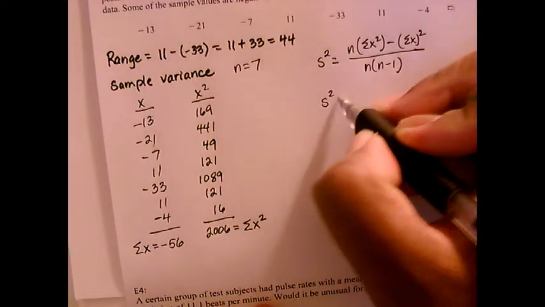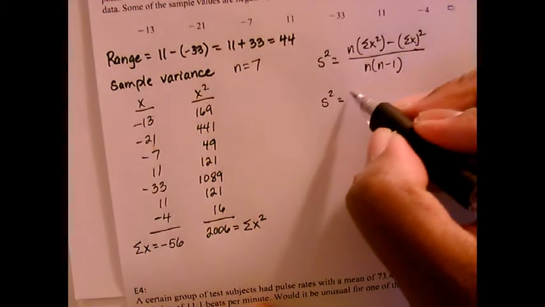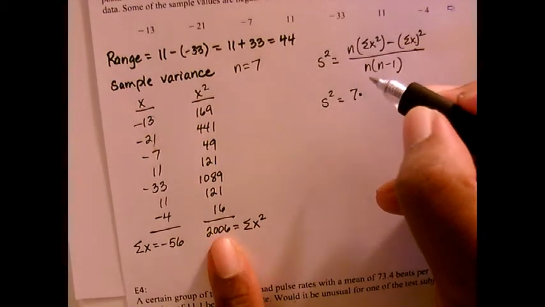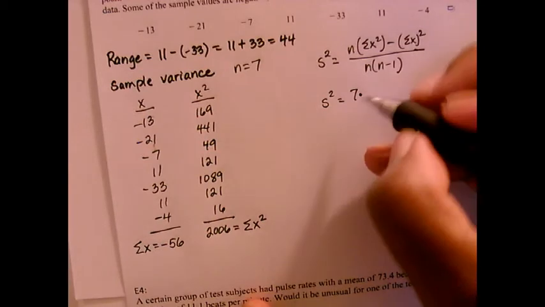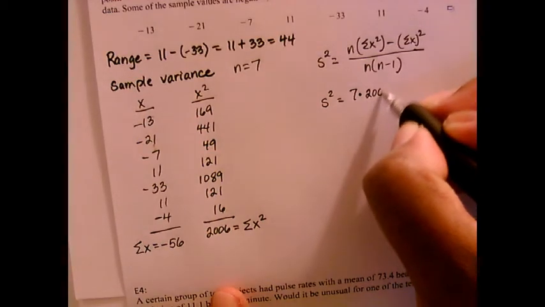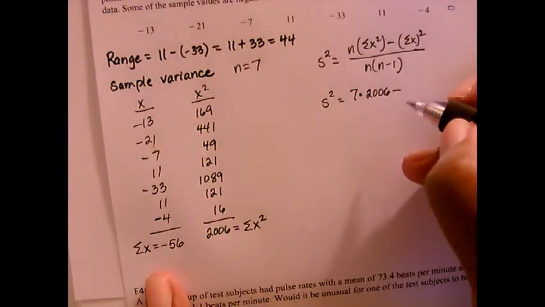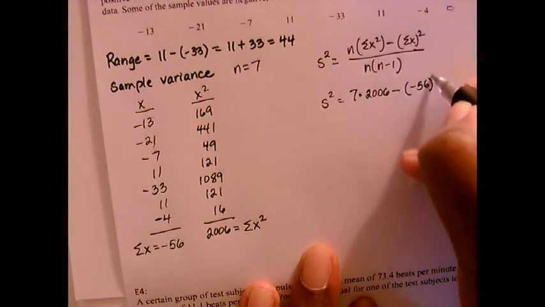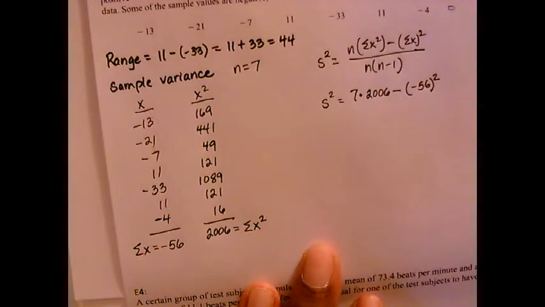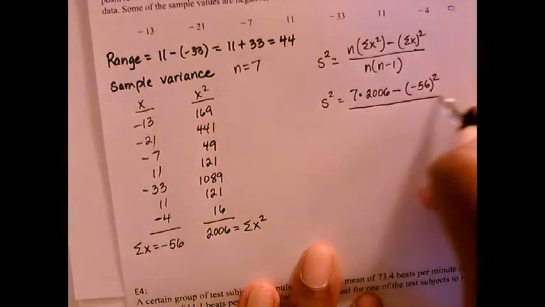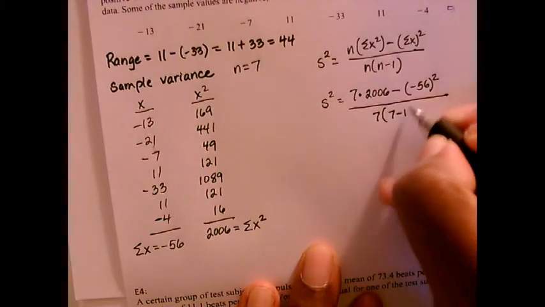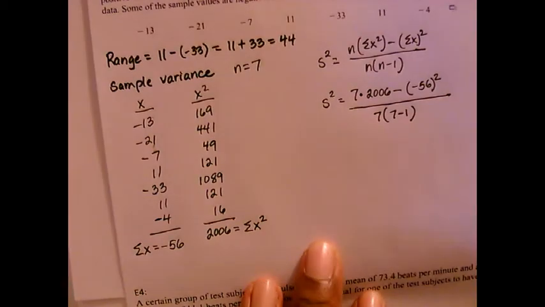So for s squared, n is 7, so there'll be 7 times the summation of x squared. That's this number right here, 2006, minus the summation of x, that's negative 56, and that's going to be squared. All that's divided by n, which is 7, so it'll be 7 times 7 minus 1.